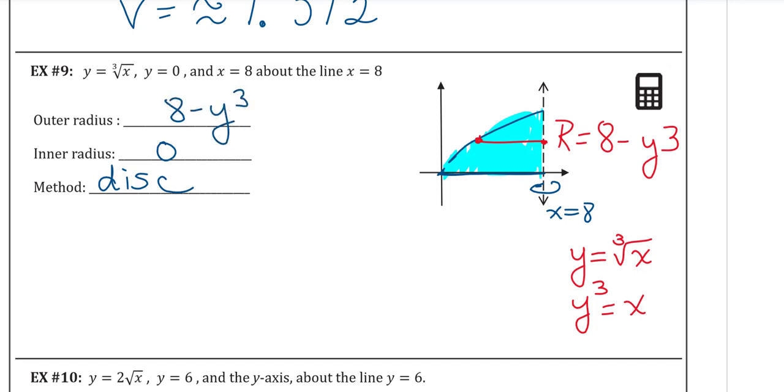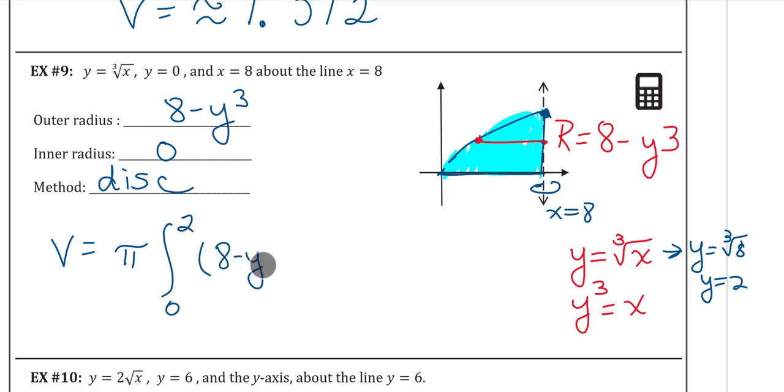Now we just need to know what this point is here, because we're going from 0 to that point. So we just need to substitute 8 in our function for x, and we get right here, so y is going to be the cube root of 8, so y is 2. So our volume is going to be integrating pi times 0 to 2 of 8 minus y cubed squared dy.